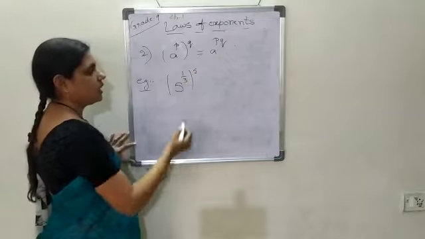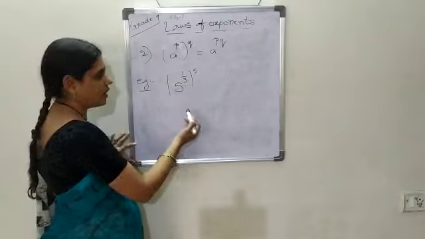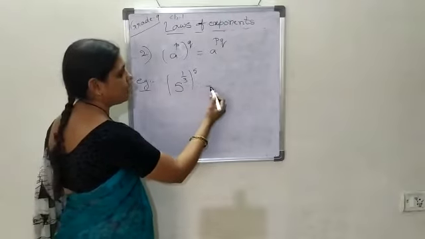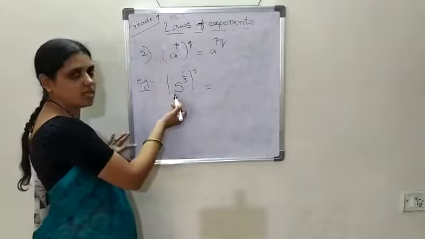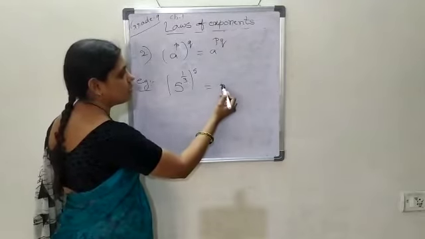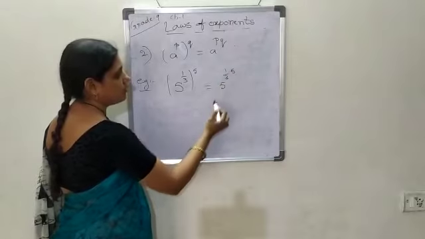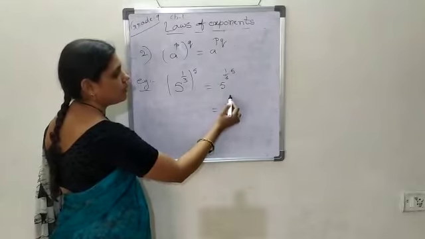Here p value I have taken as 1 by 3 and q as 5, and a as 5, where 5 is any real number and these two are any two rational numbers. Now how can we simplify it? 5 to the power 1 by 3 into 5, that is equal to 5 to the power 5 by 3.